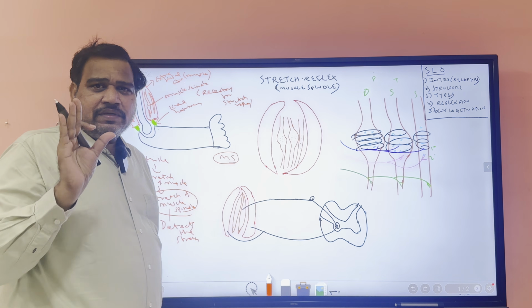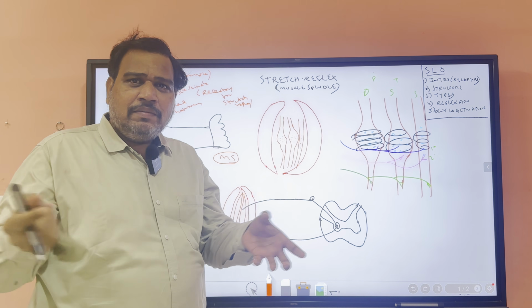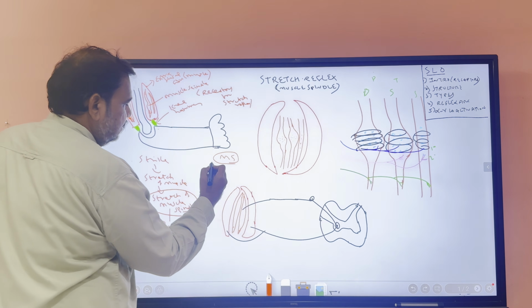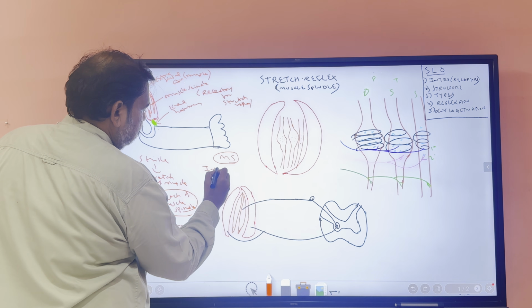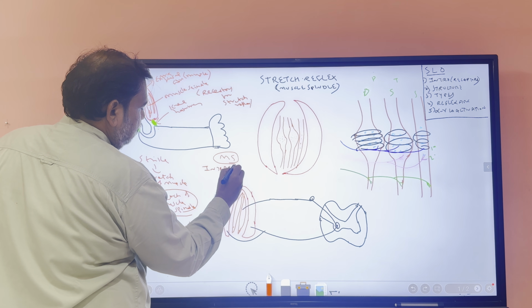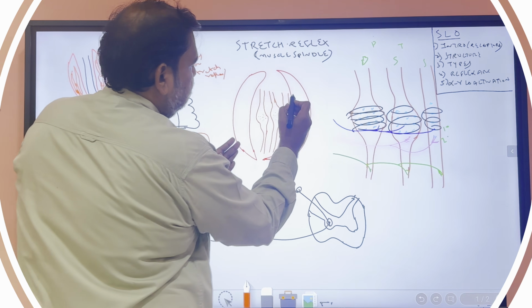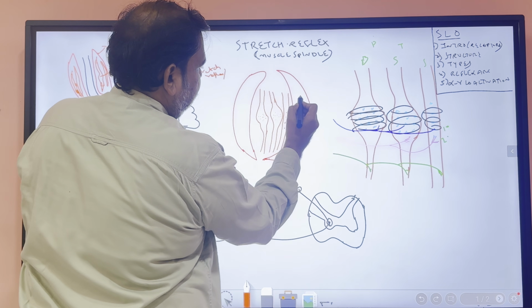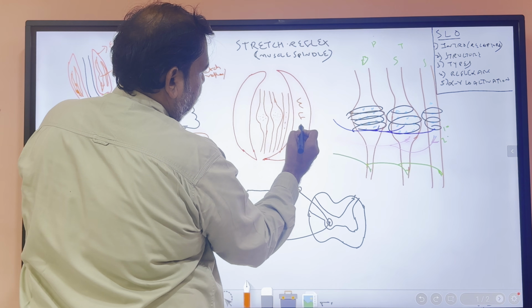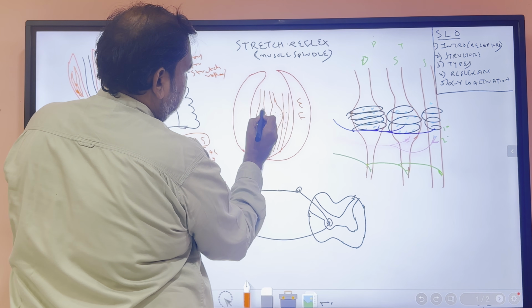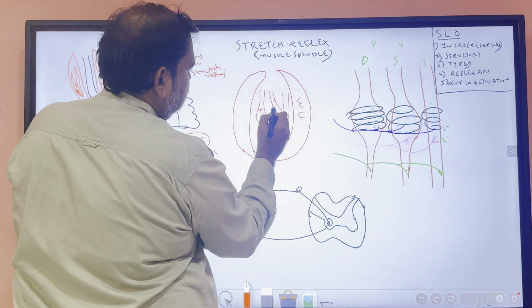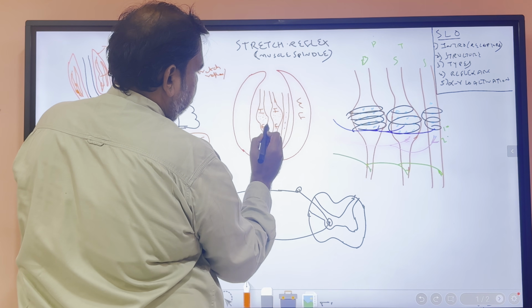One of the functions of the muscle spindle is that it detects the stretch, but how? It contains intrafusal fibers. I have just drawn them here. This is the extrafusal fiber. This is the intrafusal fiber. This is the intrafusal fiber.